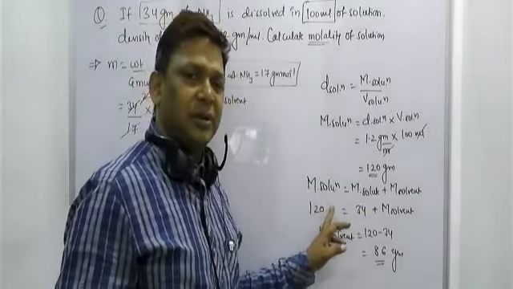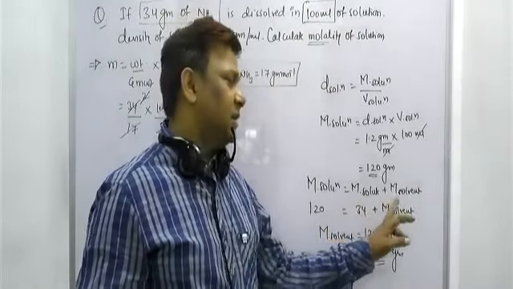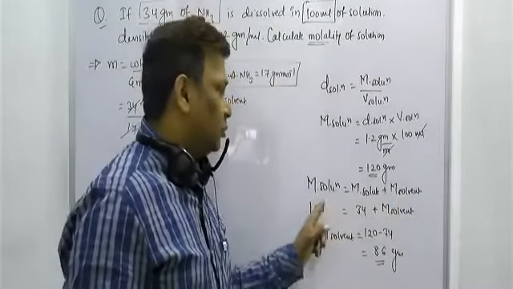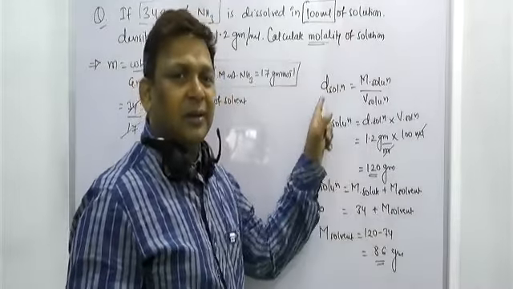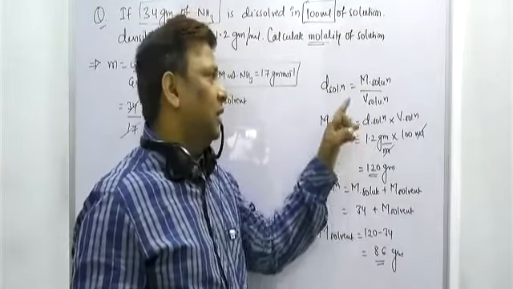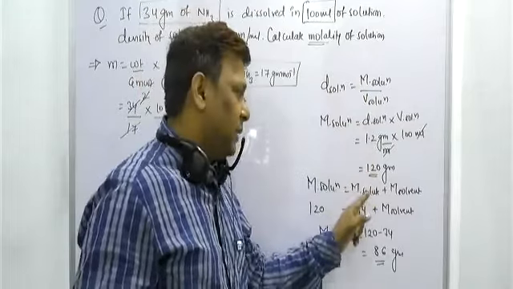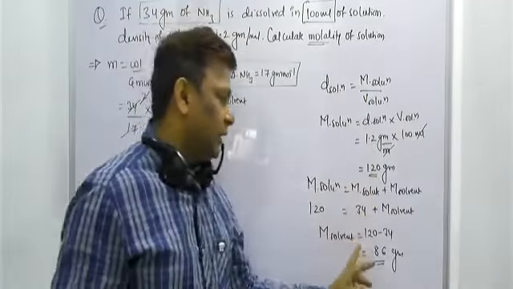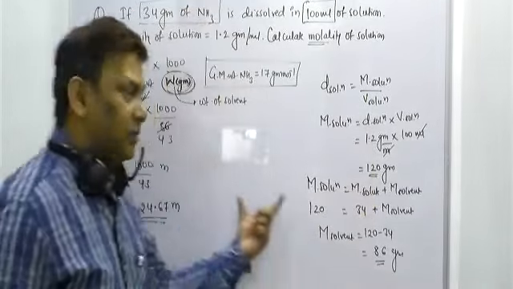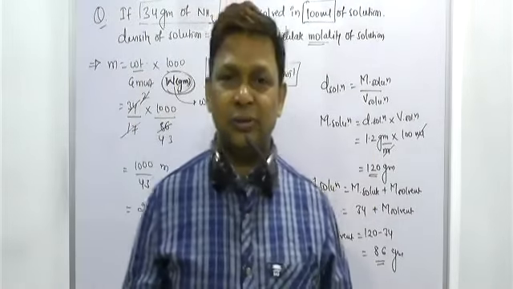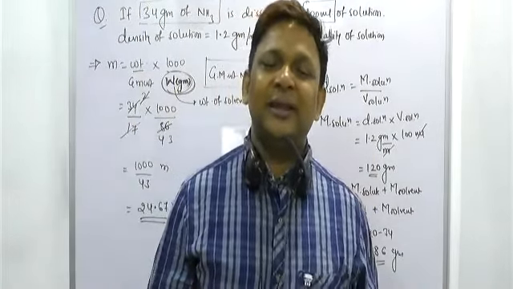Mass of solution equal to mass of solute plus mass of solvent, so mass of solvent equals solution minus solute. The mass of solution we are getting from here: density equal to mass by volume, so mass is equal to density into volume. We got mass of solution minus mass of solute, we'll get the mass of solvent, that is the weight of solvent. Substitute here and we'll get the molality of solution. Understood? Take a screenshot of this one.